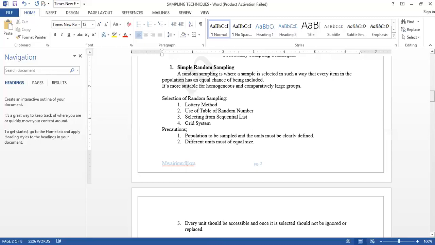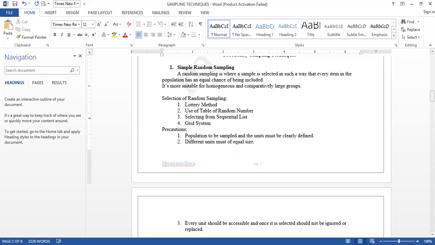However, each and every element in this particular population is going to have an equal chance of being included in the sample. That is, equally likely chances are given to all the elements constituting the population, and therefore any element can be chosen to be part of that particular sample.